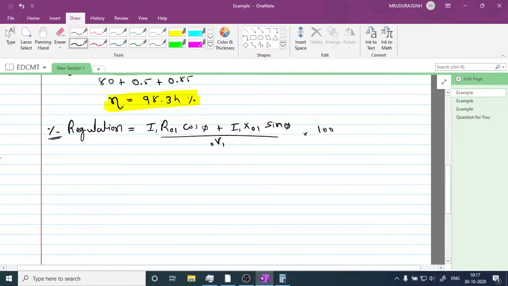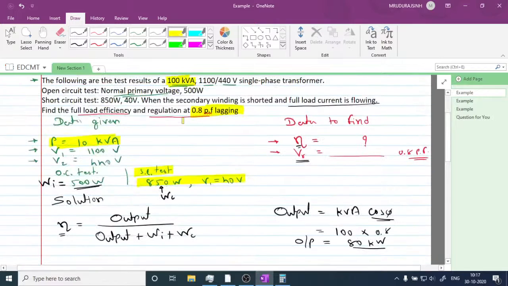Now what we need to do is place the values, right? So to place the values, we require these things. Do we know R01? Is R01 known to us?